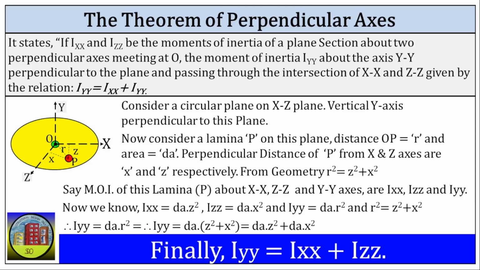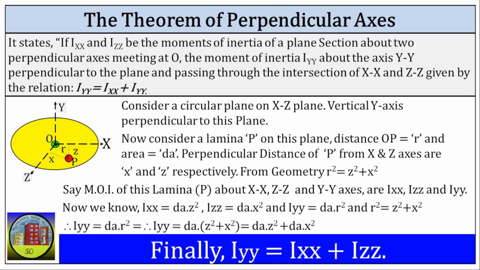Perpendicular distances of P from the x and z axes are small x and small z respectively. From geometry we can say, R square equals z square plus x square. Say the moments of inertia of this lamina P about the xx, zz and yy axes are Ixx, Izz and Iyy respectively.